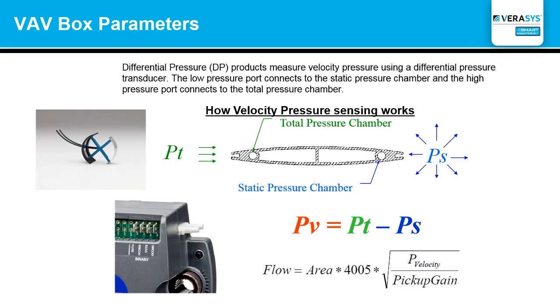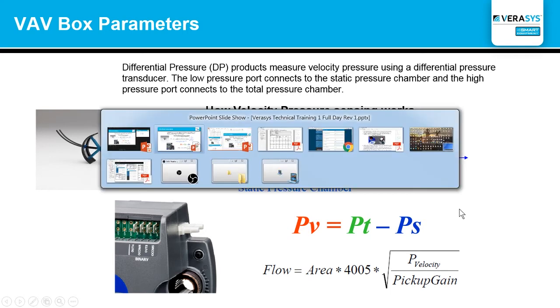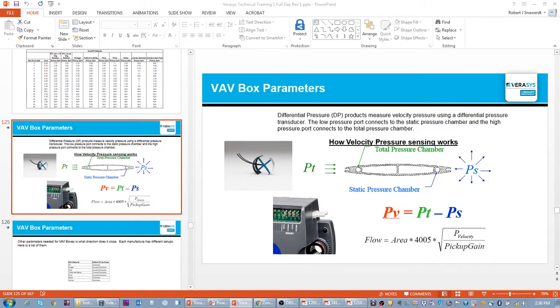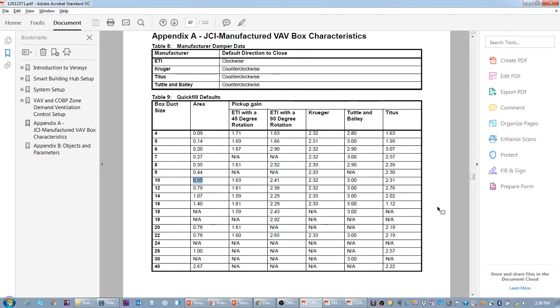So when we set this box up, we need to know roughly what that pickup gain is, and that's where this chart comes in handy. This would be the pickup gain for that 10-inch box at 2.32. If you don't know your pickup gain, if you guess something right around 2, you may be about right. But this pickup gain also is adjusted by a balance contractor.